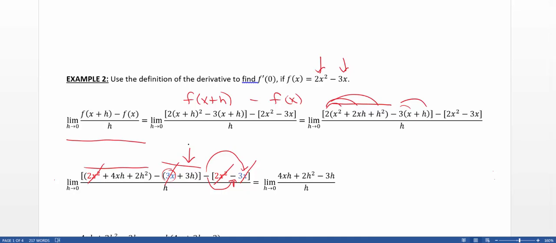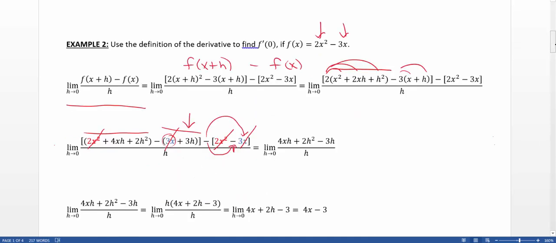So just like before, what I notice is that I can factor an h out of my numerator. And if I factor an h out, it's going to make my algebra a little bit easier. So here, when I factor the h out, I'm left with a 4x plus 2h minus 3. And I have an h on the top and an h on the bottom. So those will cancel.